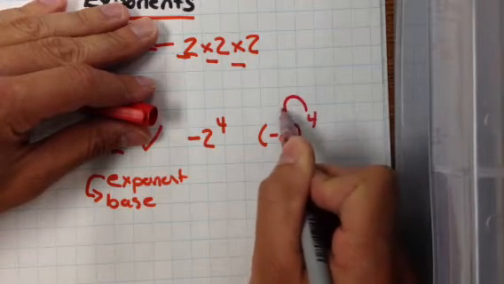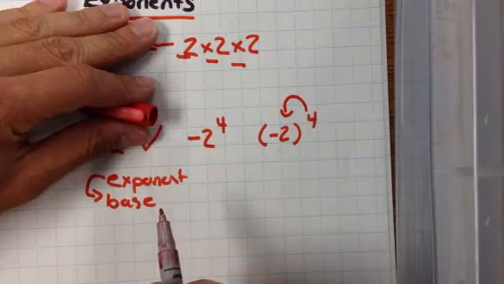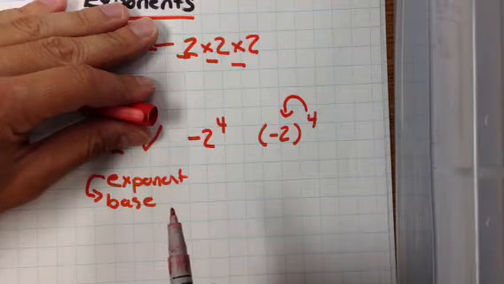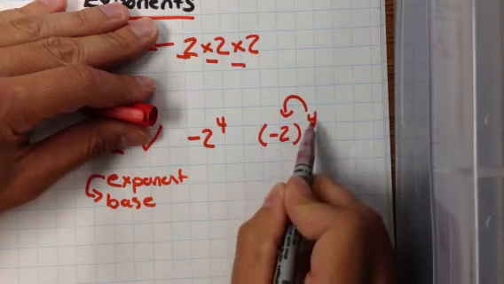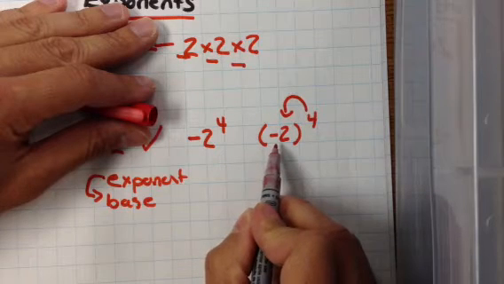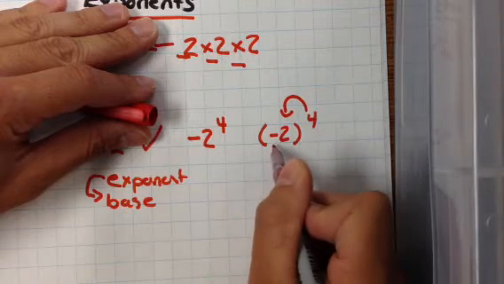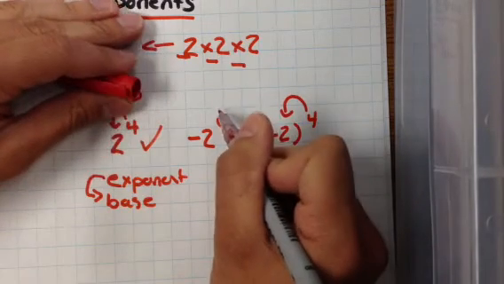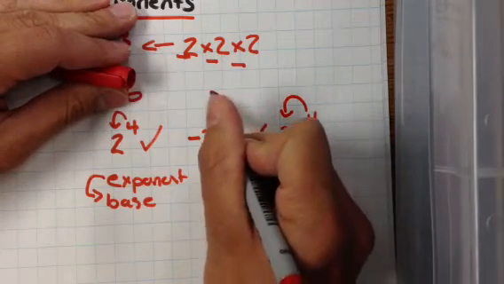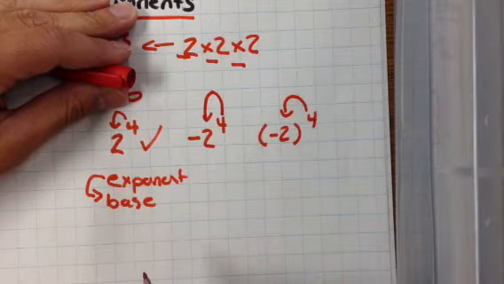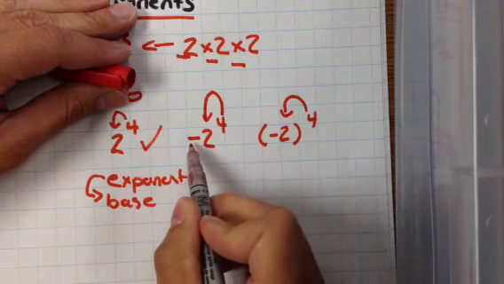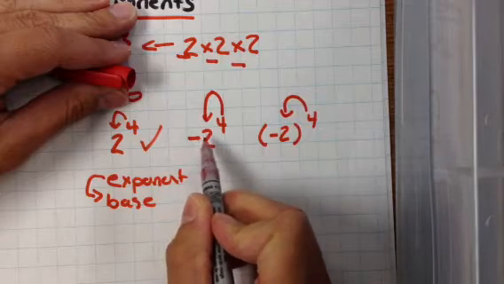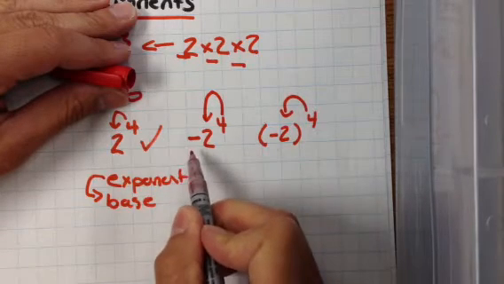The reason they put brackets is they're saying everything in the brackets is being affected by the exponent, or there are 4 of whatever's inside of the brackets. So the base here would be negative 2, not just the 2. On this middle one, the 4 is attached to the 2, but it's not attached to the negative because they didn't put brackets around it.